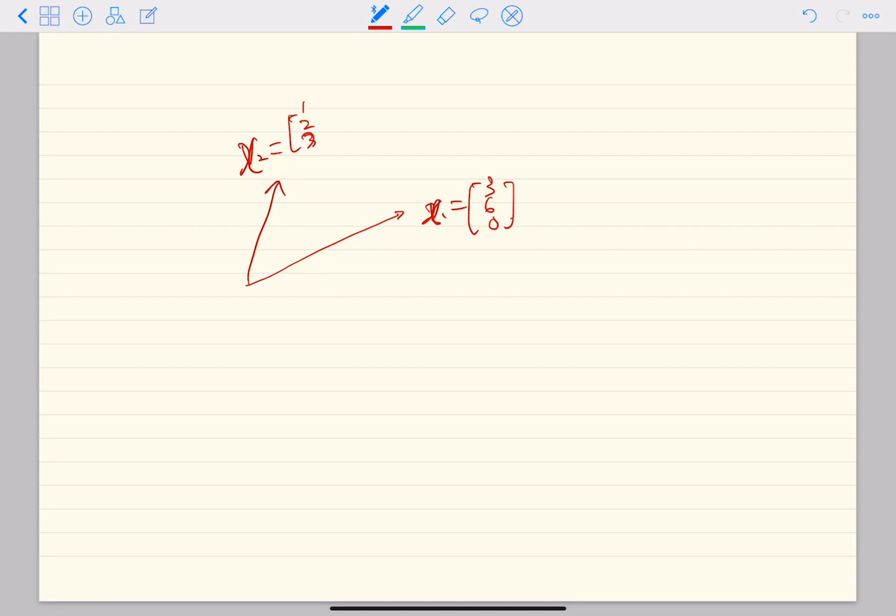Here we will basically perform orthogonal decomposition of x2 onto the subspace spanned by x1. Okay, so this is the process.